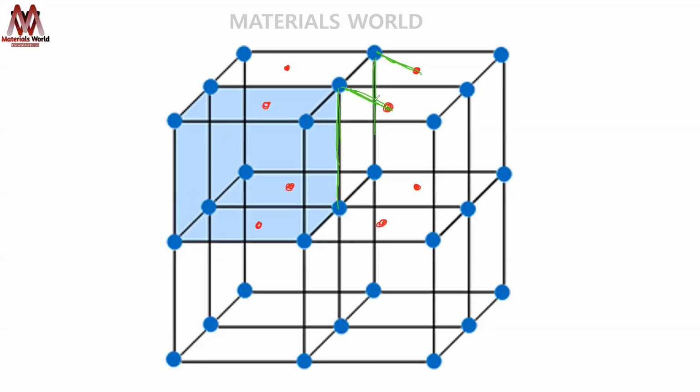It's actually repeating the unit cell of what is this structure called? It's primitive because atom is only at corner.